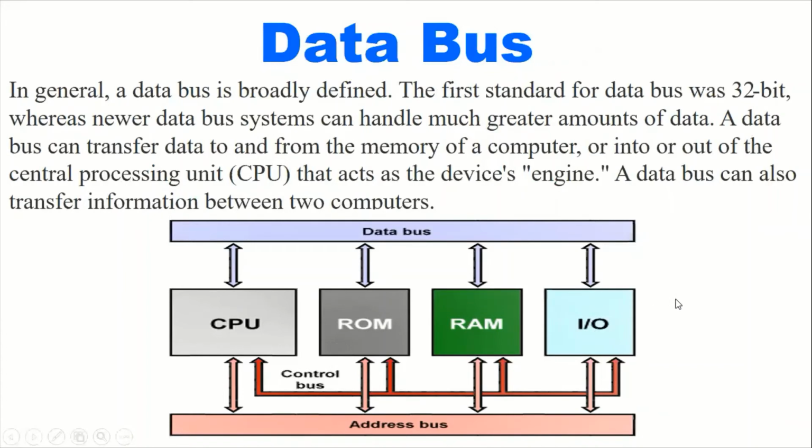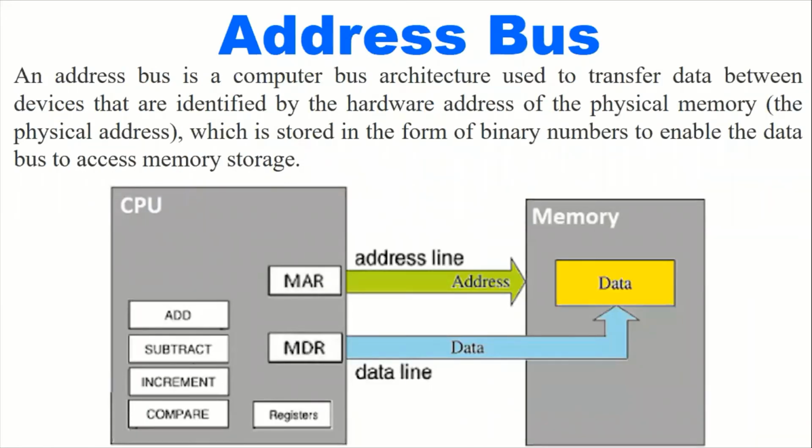So let's move towards the next one, that is the address bus. This one is the last, the address bus. An address bus is a computer bus architecture used to transfer data between devices that are identified by the hardware address of the physical memory, the physical address, which is stored in the form of binary numbers to enable the data bus to access memory storage.